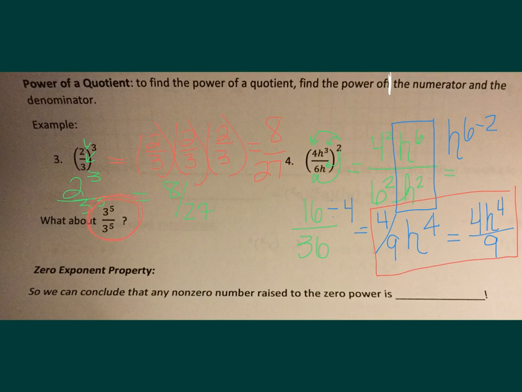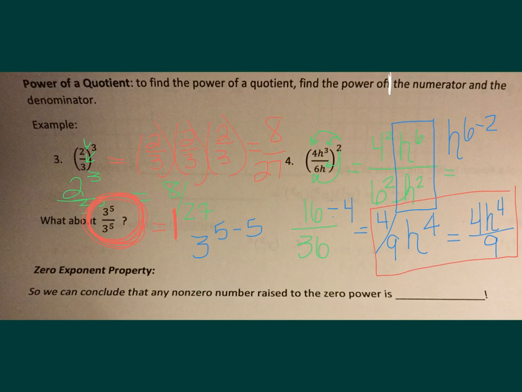What about 3 to the 5th divided by 3 to the 5th? Well, when you first learned about fractions, you realized that if you have the same thing in the numerator as the denominator, that equals 1. Well, let's use the quotient property and see what that says. If the base is the same, and I'm doing a division problem, I just subtract the exponents.